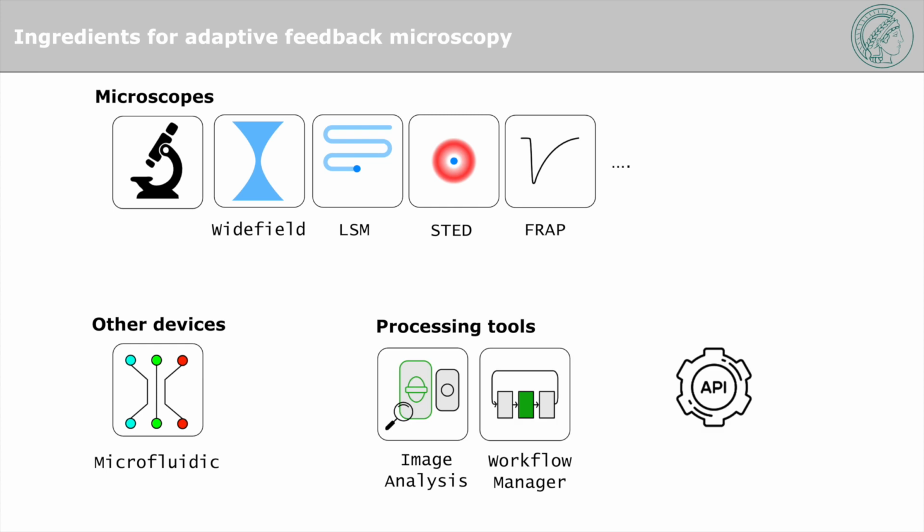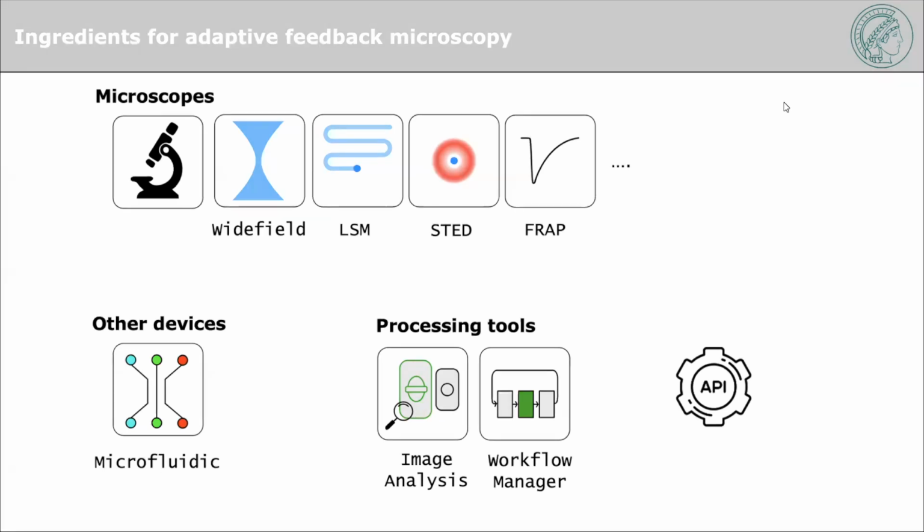Another ingredient of a feedback microscopy workflow is combining processing tools, which is some image analysis task, and then a workflow manager to put everything together, so that we interleave image acquisition and analysis and changes in image acquisition during the workflow. Sometimes we may have an API, which is disclosed by a company, that allows us to directly control the microscopy software.